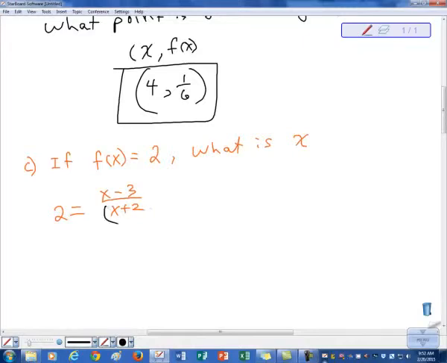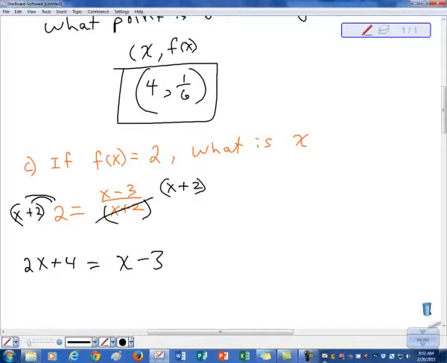So we would multiply both sides times x plus 2, and then distribute the 2 here. So that'll be 2x plus 4 equals x minus 3, and these two denominators cancel out. Alright, so now this is just a linear equation.